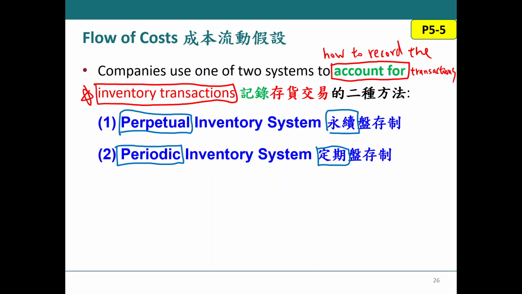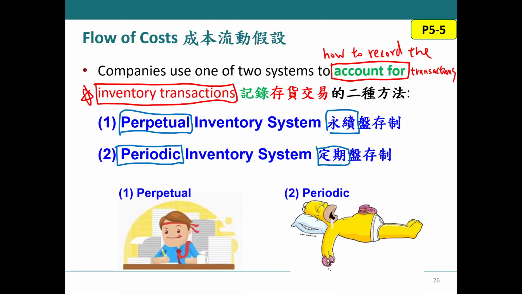Your company can only choose either one, so you don't need to use both. Your company chooses whether you want to use perpetual or periodic. So what's the difference between these two methods? It depends on whether you are a hard worker or a lazy guy. If you are a hard worker, you use perpetual; if you are a lazy guy, you decide to use periodic.